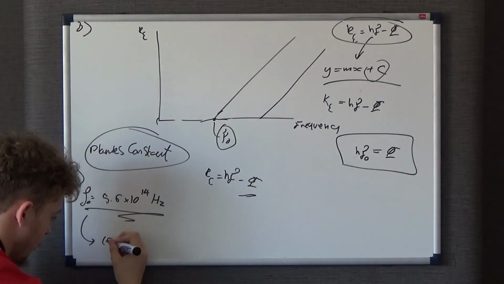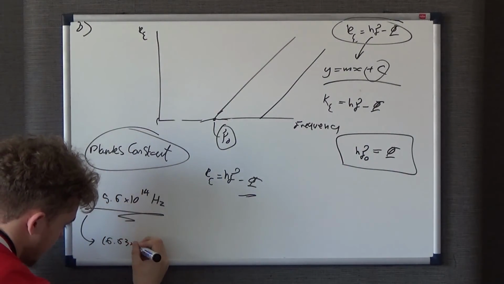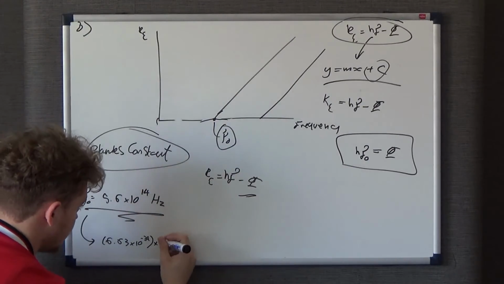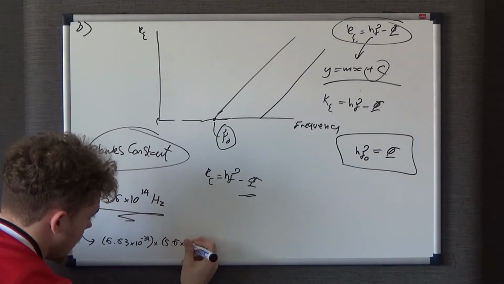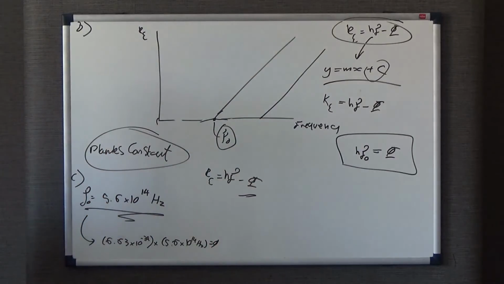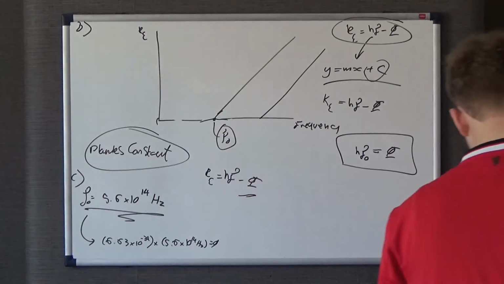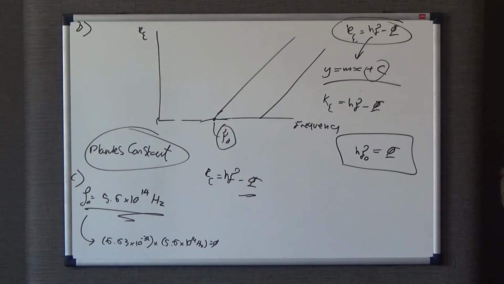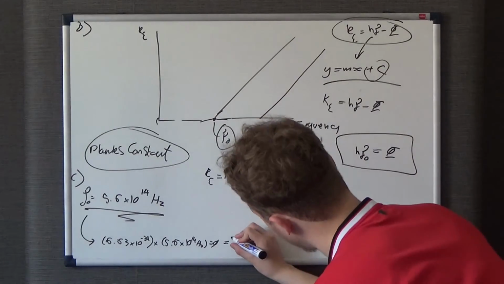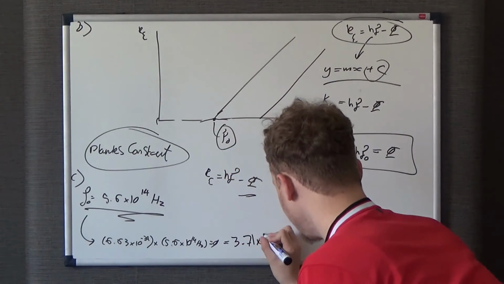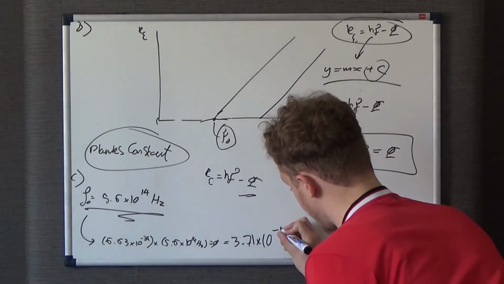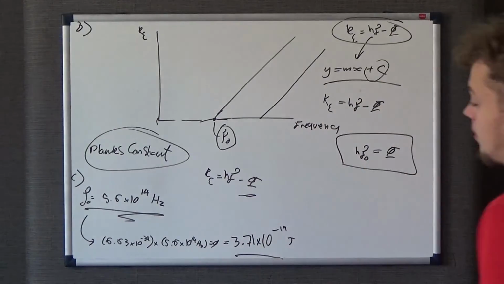It's 6.63 times 10 to the minus 34, times the frequency f0, 5.6 times 10 to the 14 hertz, and that is equal to the work function, which is, according to this, 3.71 times 10 to the minus 19 joules. Okay, so that's the answer to the work function.